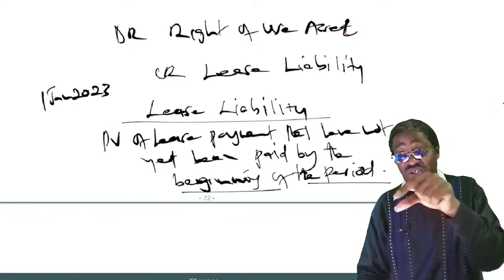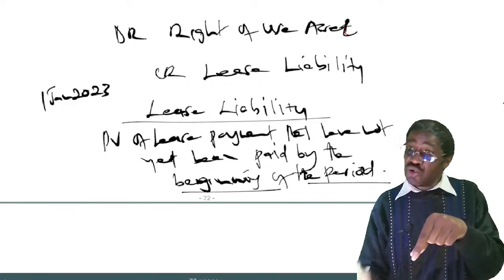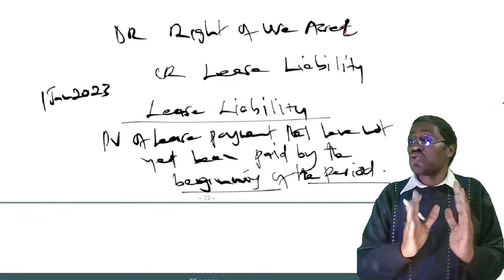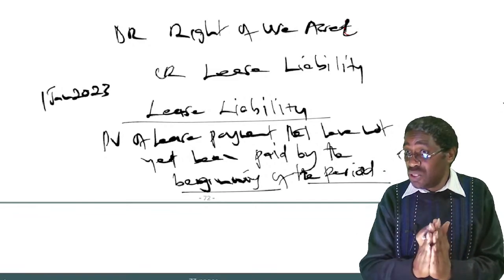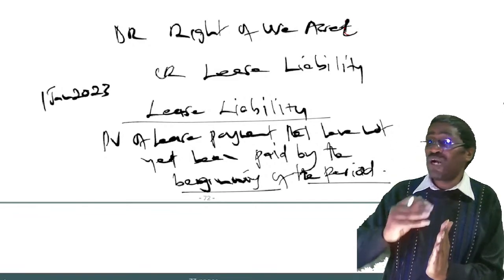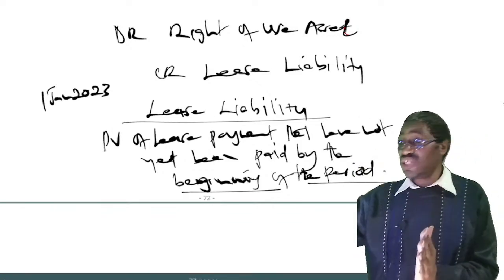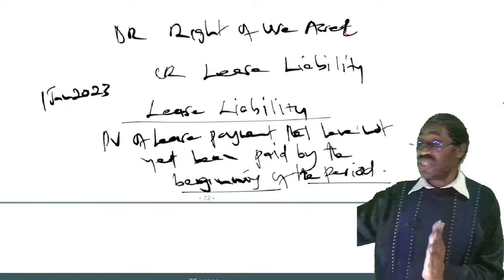So for the first one which you are paying today, you don't get the present value of it. It's already at its present value. So you don't get the present value. You only get the present value of the one you will pay in January 2024, January 2025, January 2026, and so on.